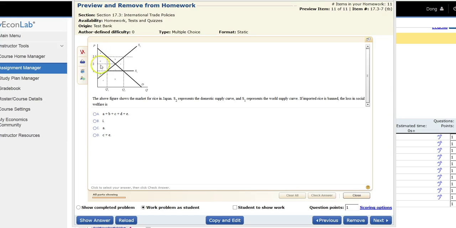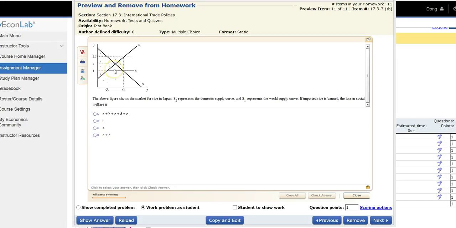So consumers are actually losing this C plus G plus I, but producers are gaining, because before the ban, producer surplus, as we said, is only area D, but after the ban, the price has been rising, so producers gain, and they gain by C plus G. But this area I actually is lost because of the higher price, and because the world can no longer supply rice to Japan's market.